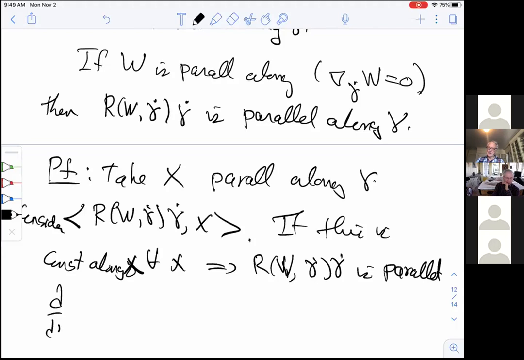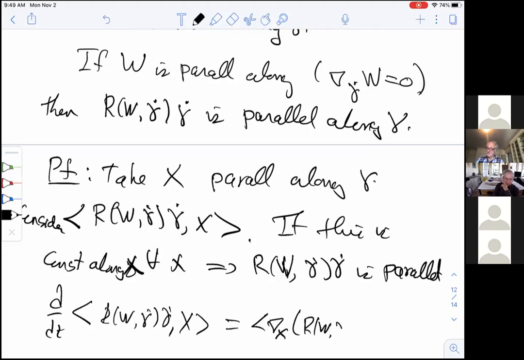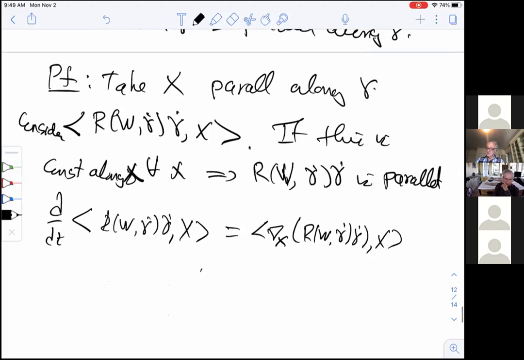D by dt of the inner product is the covariant derivative of R(W, gamma dot) gamma dot inner product X, plus R(W, gamma dot) gamma dot inner product the covariant derivative of X, which is in the gamma dot direction, of course.